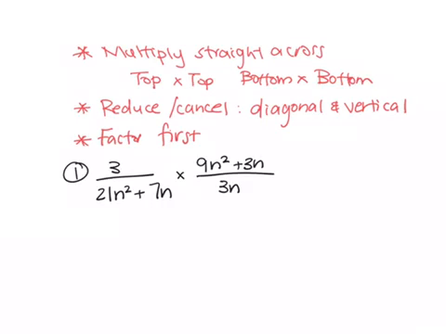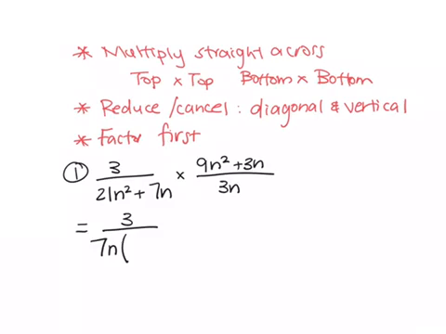If I look at this first fraction, in the numerator I have just 3, which is a monomial, so I'm going to leave that alone. But in the denominator I have 21n squared plus 7n. Remember, when you're factoring, the very first thing you always look for is a common factor. So 21 and 7 are both divisible by 7, and they both have an n in common as well. So we are going to factor out 7n. That would be the greatest common factor in that denominator.